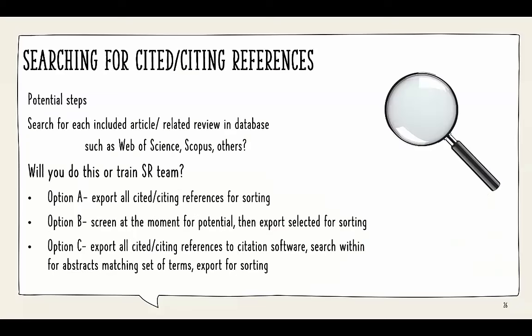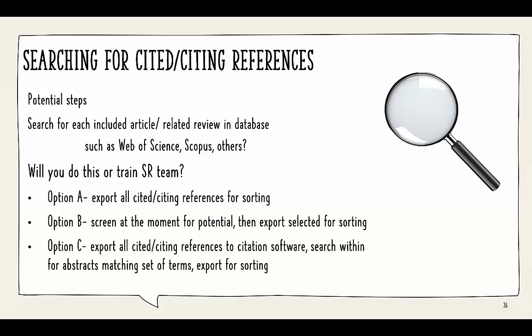This is the one type that I suggest every review should do. This is once you have those included articles, and it's also suggested that you do this for the related reviews. Maybe you go and look in a database like Web of Science or Scopus and see who did they cite and who cited them.